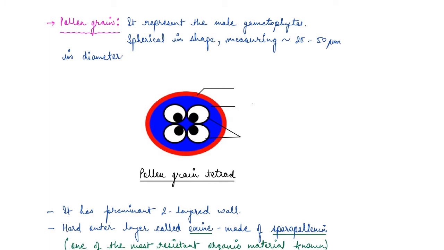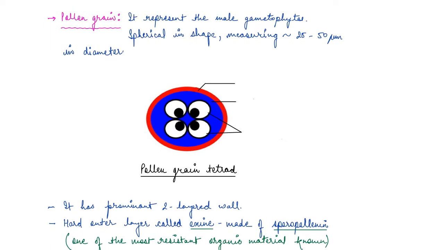If I tell you the exact structure, it will be like this. This is a tetrad. This is the primary cell wall. There is a callose layer, and then inside there are microspores.